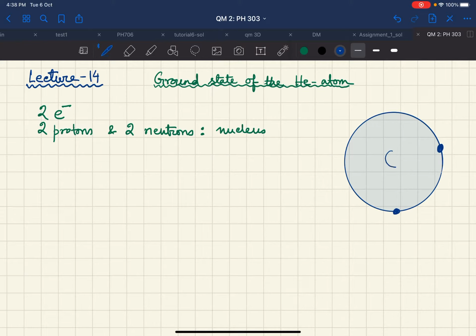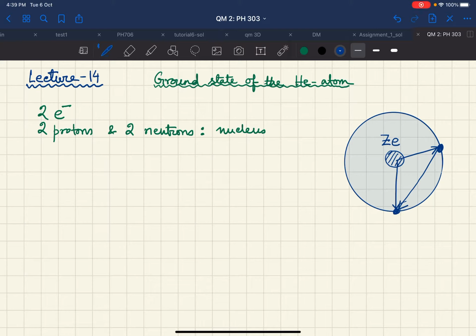And then we have the nucleus, which has a nuclear charge of Z times e, where Z is the atomic number representing the number of protons. Then these are the radial vectors, and we should also remember that we can have interaction between the 2 electrons.